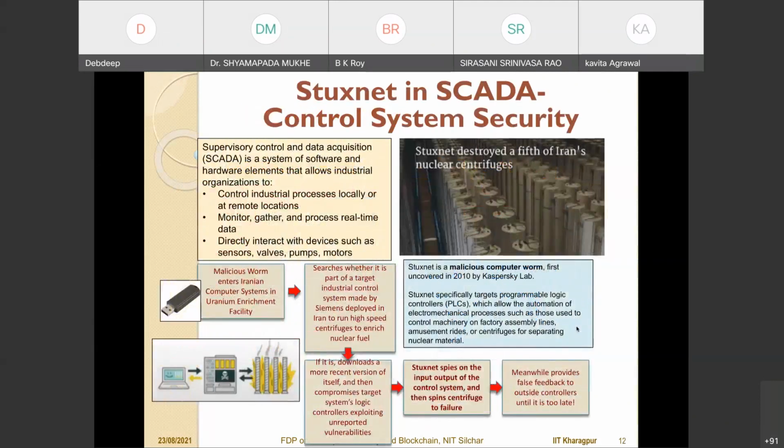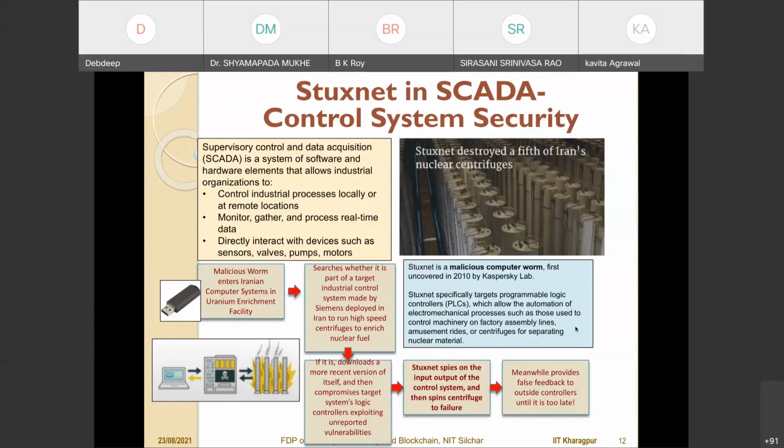So attacks have become more and more powerful, and when we talk about attacks on IoT and critical infrastructures, one of the most classic examples used in this context is Stuxnet.